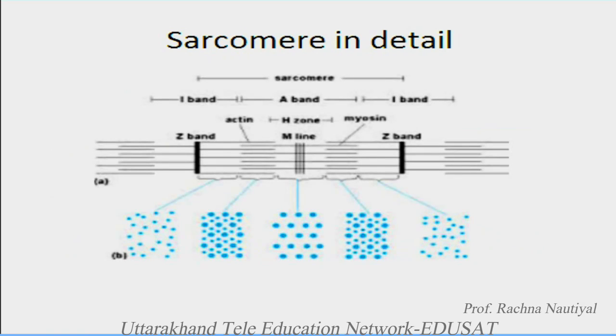Then next, a little more granular view, showing the coarse structures and the light structures. These are the actin and these are the myosin.